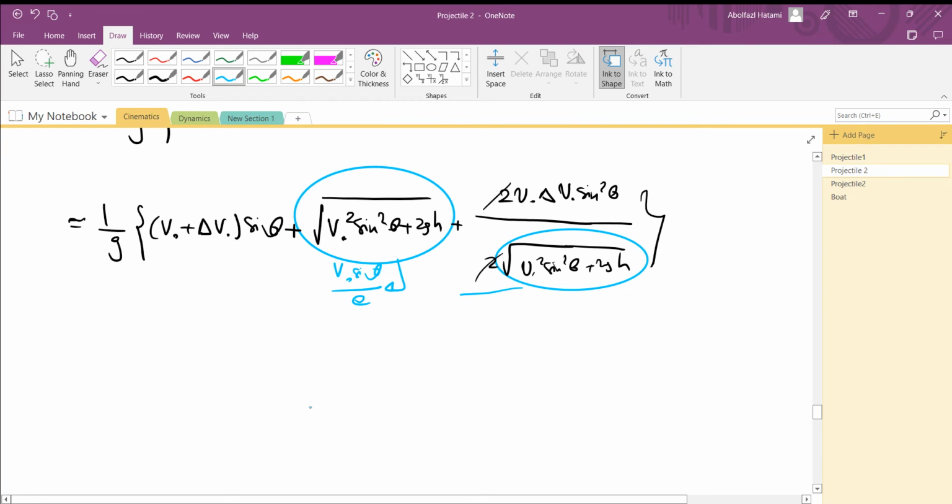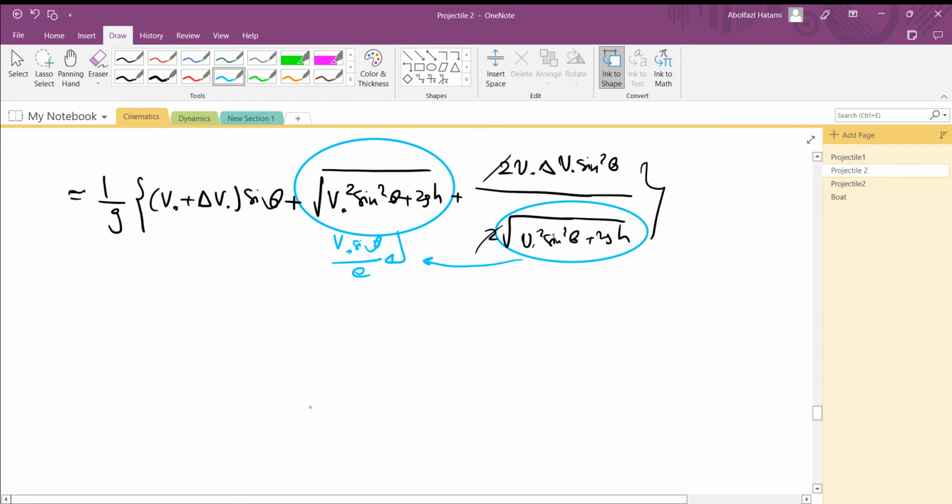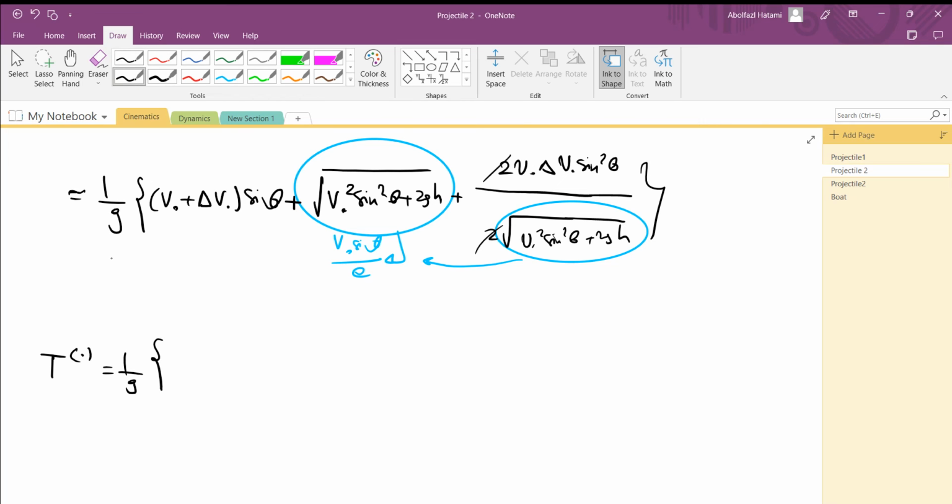This term, they are equal to each other, and we will say that T0 is going to be 1 over g times V0 plus delta V0 sine of theta plus V0 sine of theta over E plus E delta V0 sine of theta.